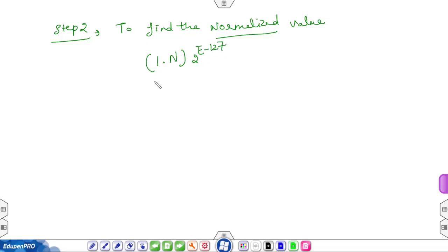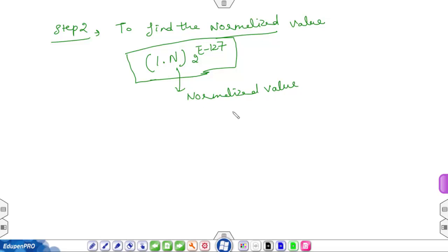So we have to convert our number into this form. Here n is actually the normalized value, or you can say the normalized number.